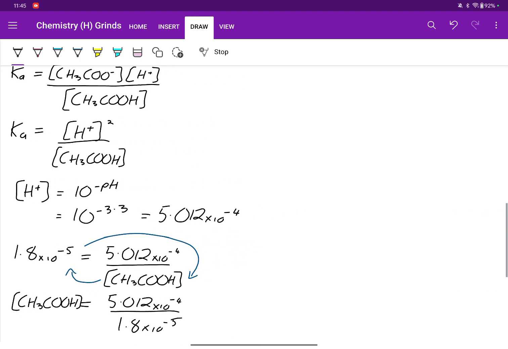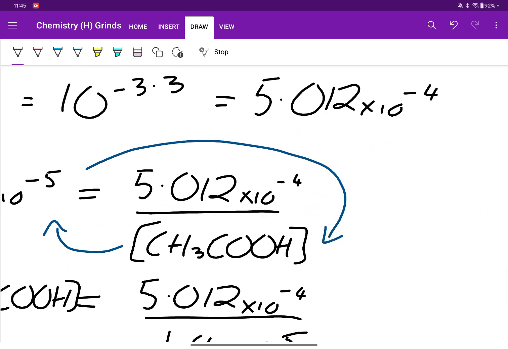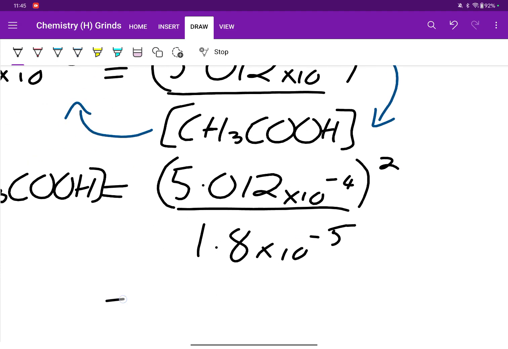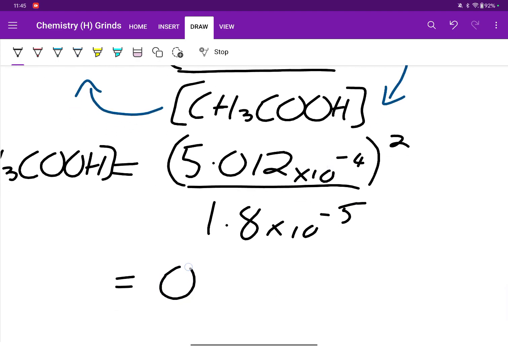So this on top actually needs to be squared. There we go, we get 0.014 molar.